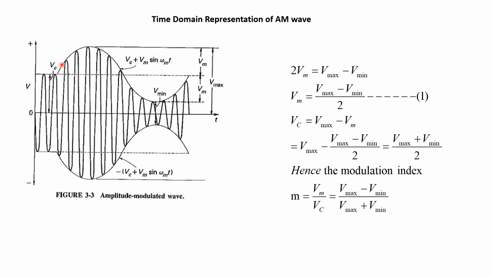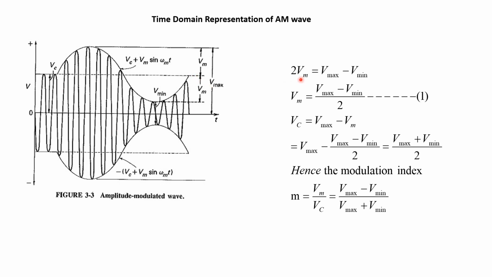The instantaneous value of the modulating signal has started increasing, and accordingly the amplitude of the carrier signal also increases. Therefore, the envelope of the carrier wave is a replica of the modulating signal. So this is the final time domain representation of the amplitude modulated wave.